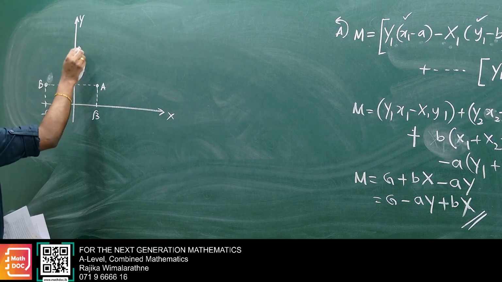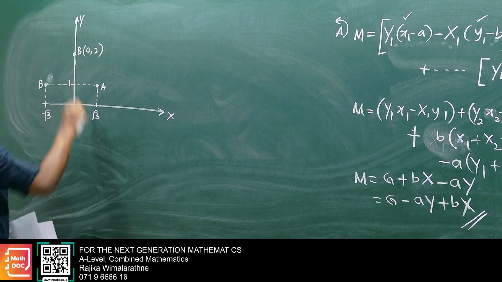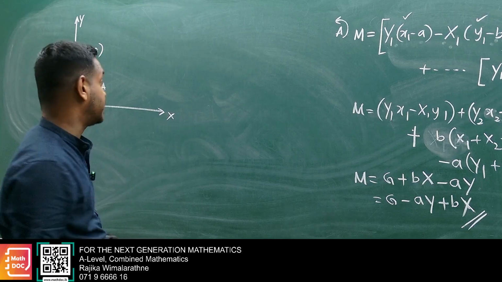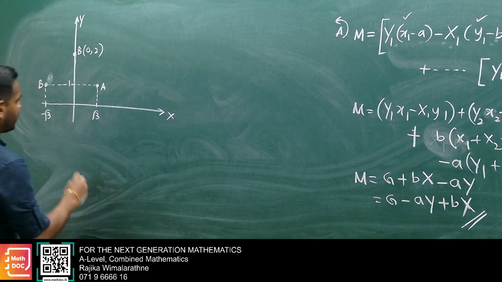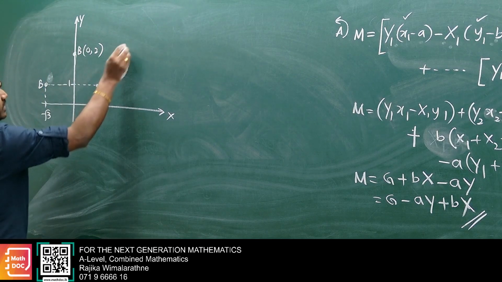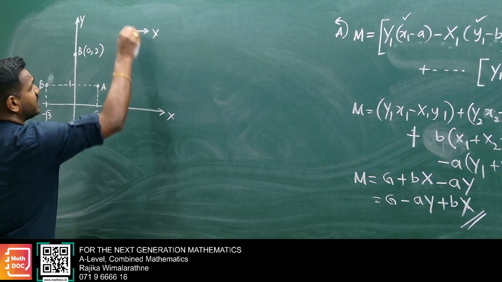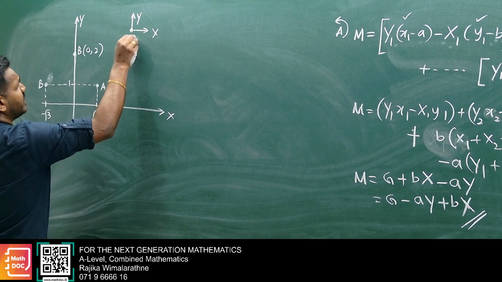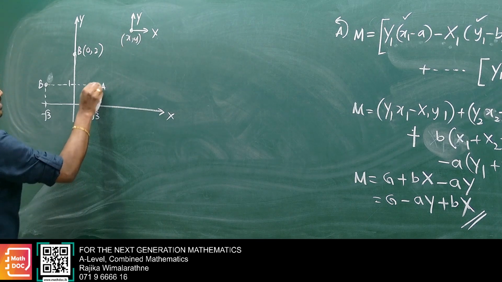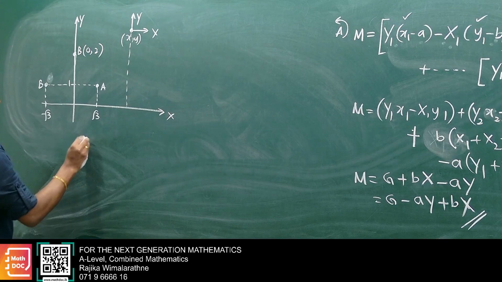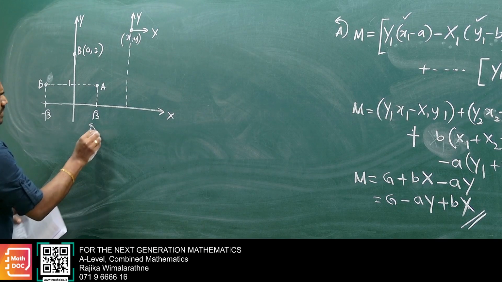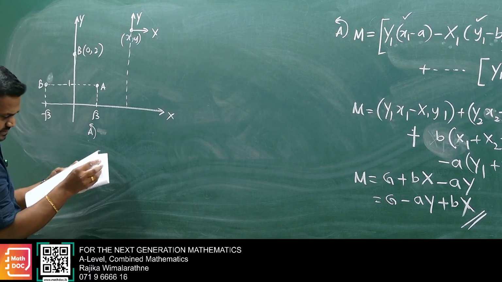You take the moment about each point. Let's take the moment about A. Before that, you mark capital X force and capital Y force like this at simple x, y. Then the moment about A is given as 2.